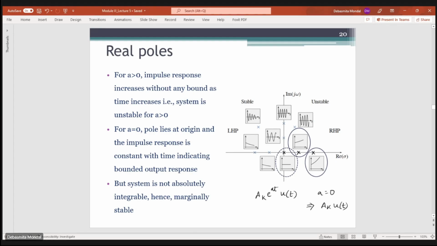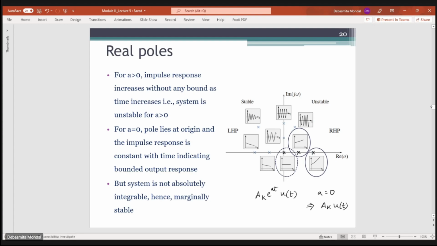Having a constant output here indicates that the system is not absolutely integrable. Since it is not going to infinity, it has a finite value, so the output is bounded, but still the system is not absolutely integrable, because the impulse response is not going to 0 at t equals infinity.